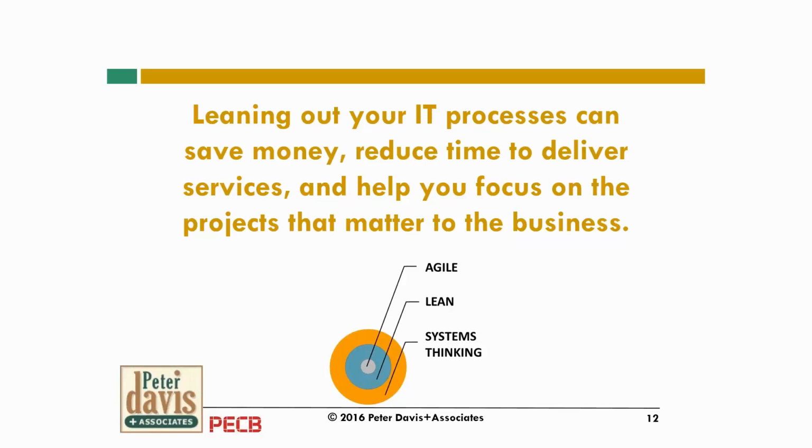So even though we're talking about IT, it interacts with business processes. So we need to think about how those two things work together. Then we start looking at individual processes and we want to start to lean them out. And again, at the end of the day, we want to have agile processes that can react quickly to the customer and provide value to the customer.